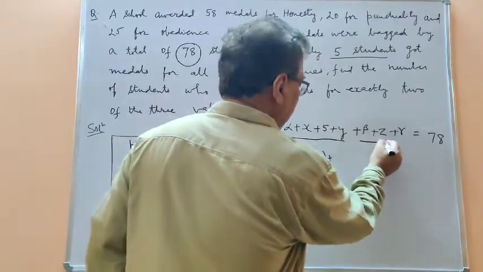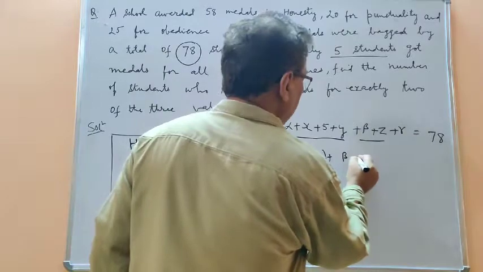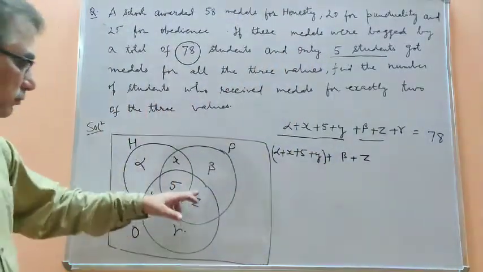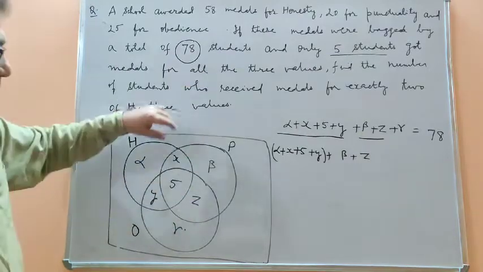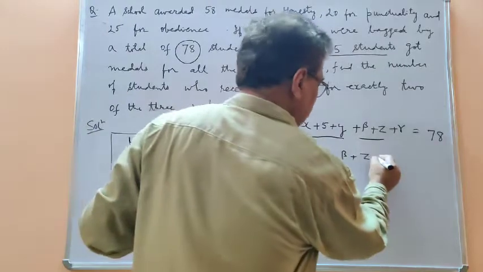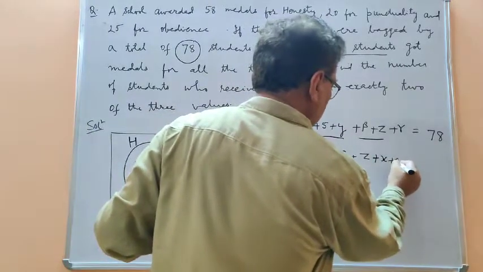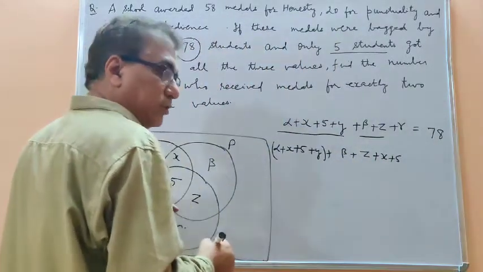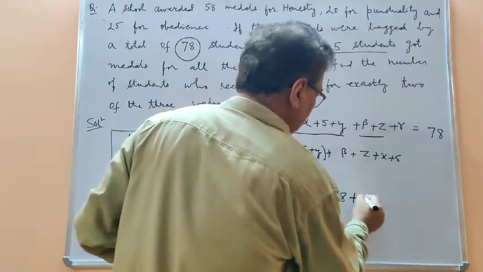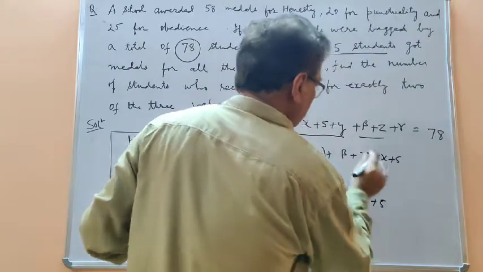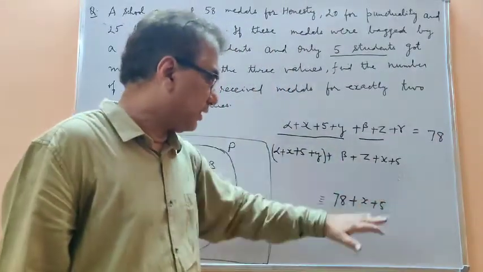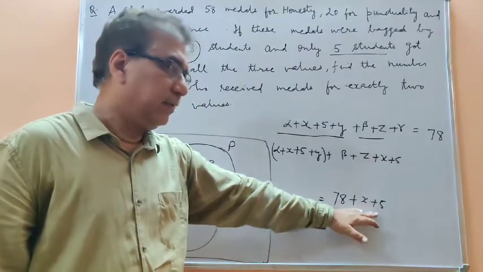Now next, till here we have written. Now if I take beta plus z, then to include 20, I have to add these two numbers. So suppose I add x plus 5. So that has to be subtracted. So that's why I am writing it here, x plus 5, because this total is equal to 20. So whatever has been added to the left hand side, the same I have added to the right hand side.